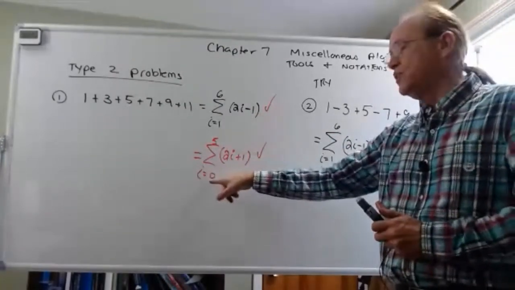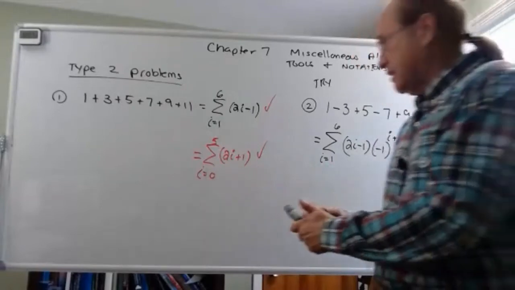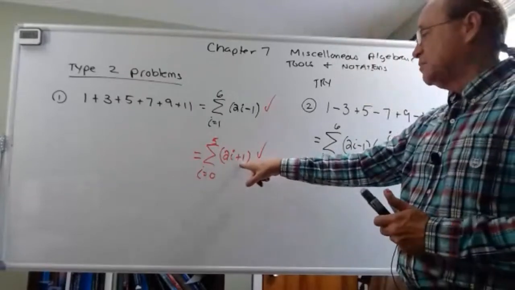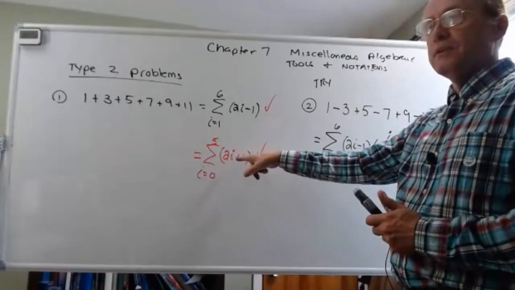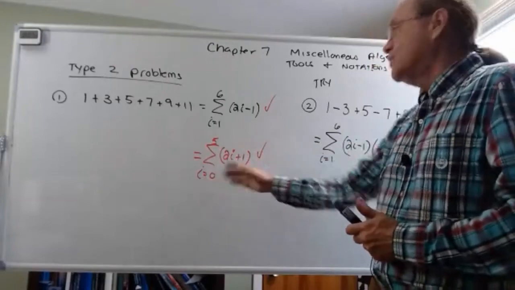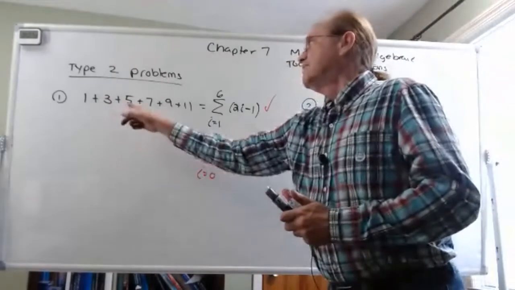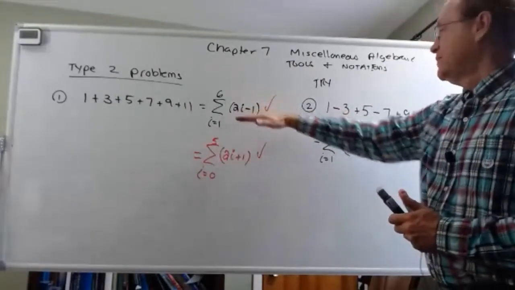Okay, so these are always representations of odds. It depends upon where you start, what odd number it starts at. For example, if I use this and started with i is equal to 1, then I'd be starting at 3 instead of 1. This would give me 3, 5, 7, 9. But when I start at 0, then it gives me 1, 3, 5, 7, 9. So these are representations of odd numbers.